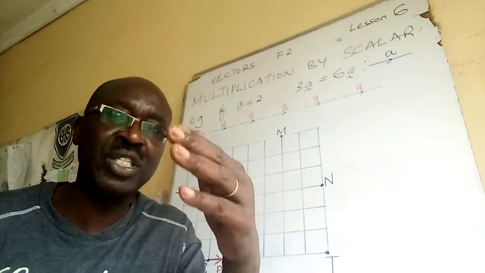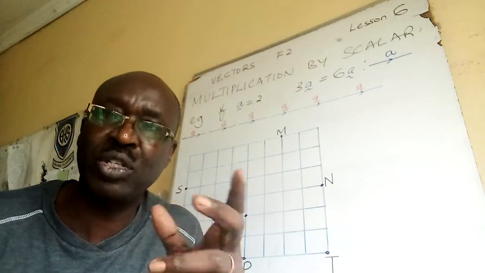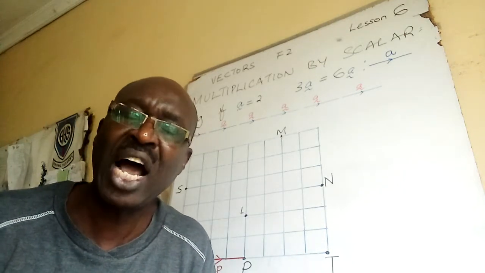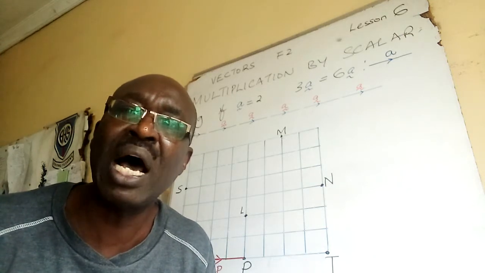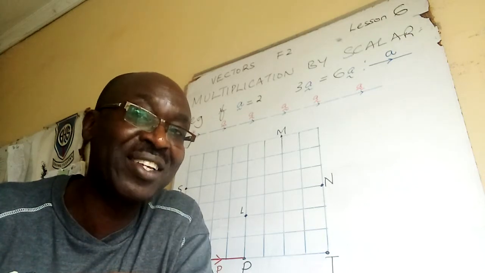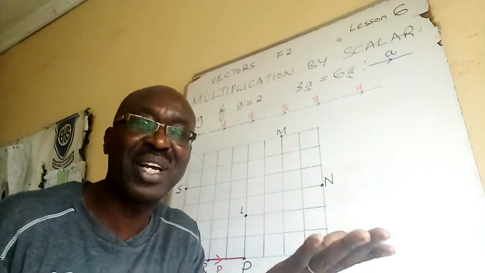What do we say? Let the number of people be X. At the end of the month, the members doubled. So if initially they were X, when doubled it is 2X. It's the same thing you're going to get here.